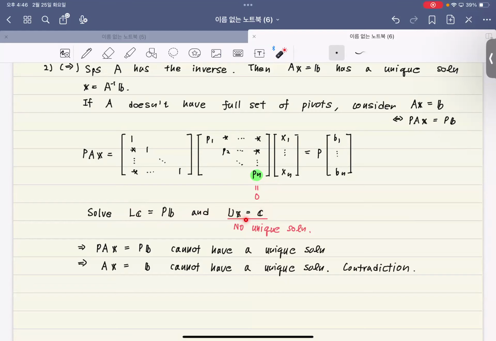The solution is not uniquely determined because this entry equals 0. That means there is some ambiguity in the variable xn, which means it has no unique solution. Therefore, this equation does not have a unique solution, and therefore the original one doesn't have a unique solution either, which is a contradiction.